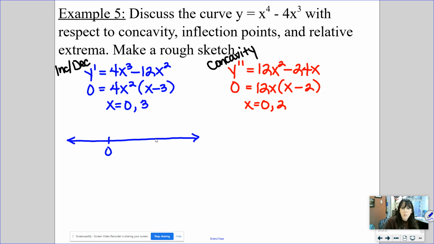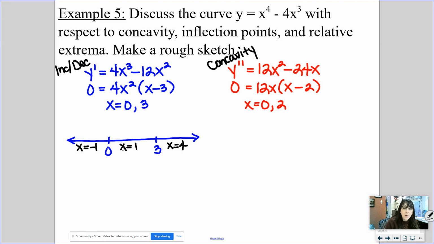I'm going to put 0 and 3, and I'm going to find whether the derivative is positive or negative in each of these regions. So I'm going to pick a number that is less than 0, a number that's between 0 and 3, and a number that is larger than 3.